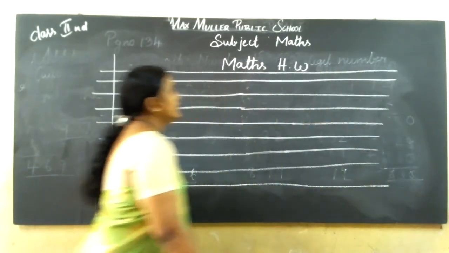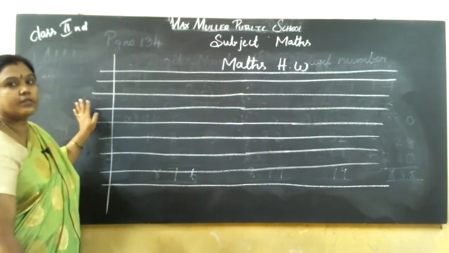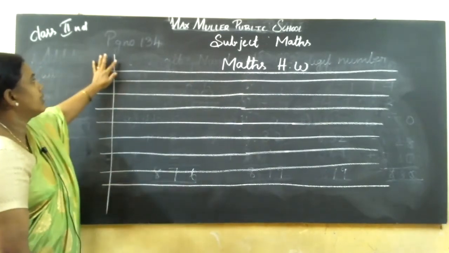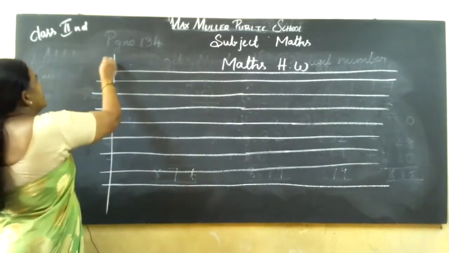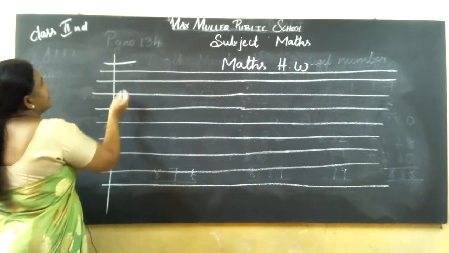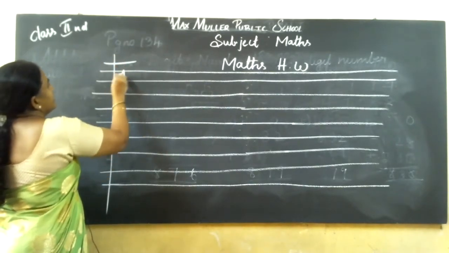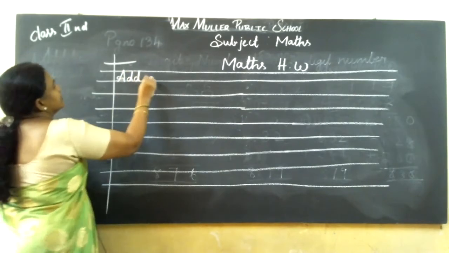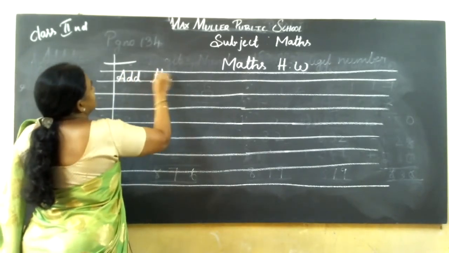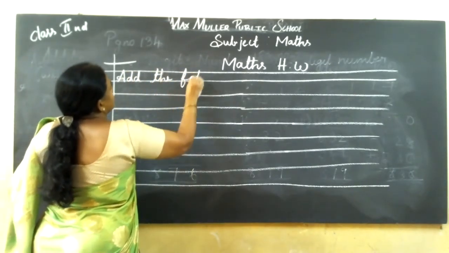See, take a fresh page. This is max homework. Leave the first line. This line you leave and write here. Add the following.